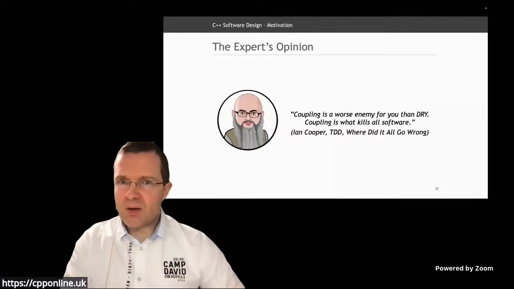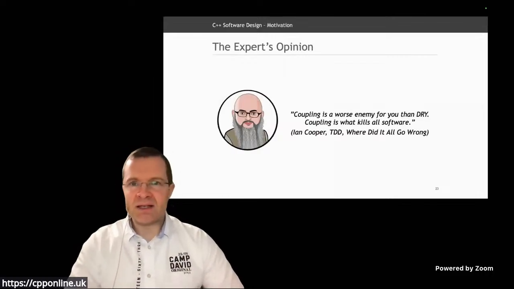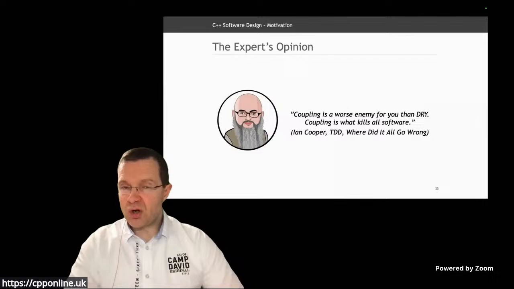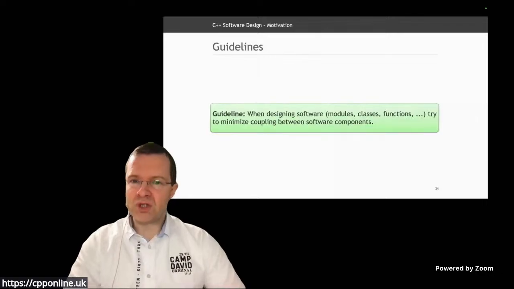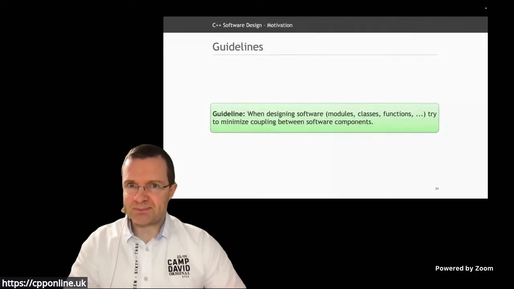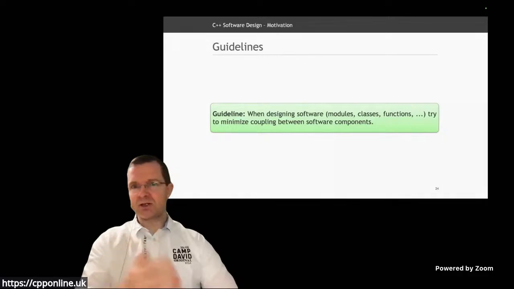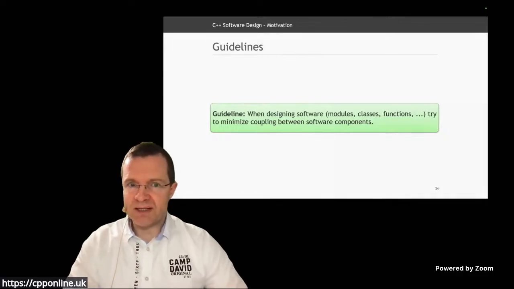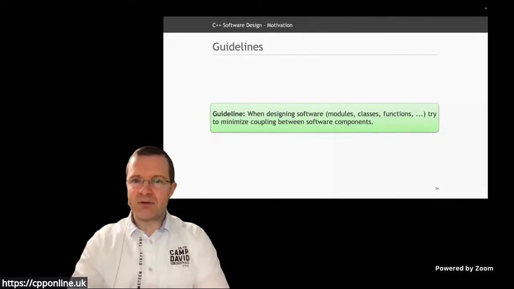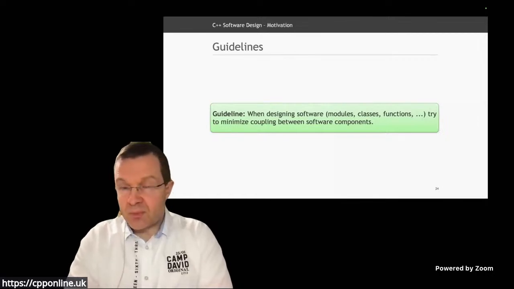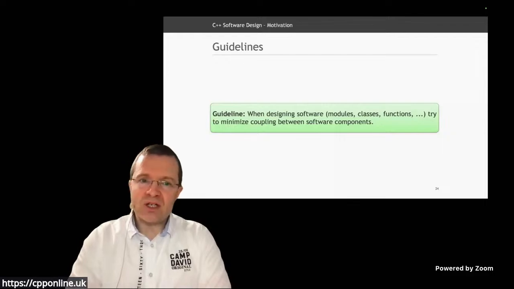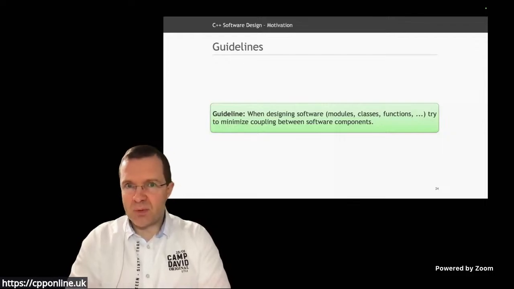So this is what we're going to do in this training class. We're going to talk about dependencies. We're going to talk about coupling, and we're going to try to reduce coupling. So the primary guideline that I will talk about in this one-day workshop is that when we design software, modules, classes, functions, which is to say pretty much on all levels, we should try to minimize coupling between software components.